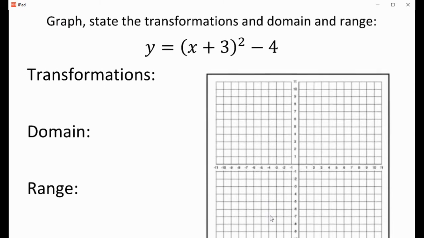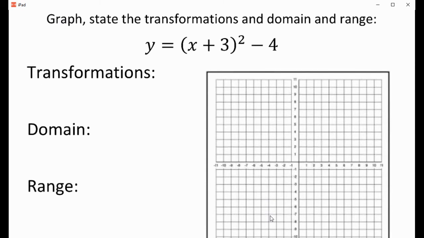So just to review transformations and what we did before with them, looking at a quadratic, if you remember, the number with x moves it left or right, and it's the opposite. So plus 3 would go left 3, and minus 4 on the end goes up or down, and it's not backwards, so it's down 4.